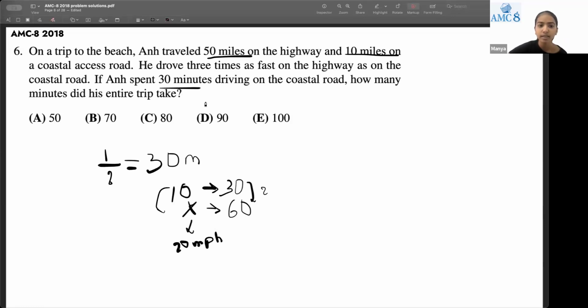And then it says that he drove 3 times as fast on the highway as on the coastal road. If he drove 20 miles per hour on the coastal road, then how many miles per hour did he drive on the highway? That's simply going to be 20 times 3 miles per hour, which will be giving us 60 mph.